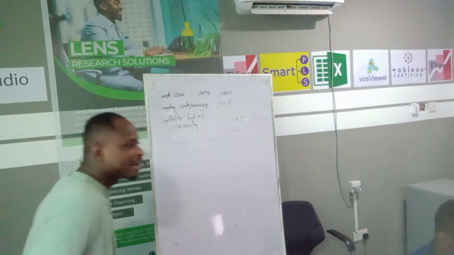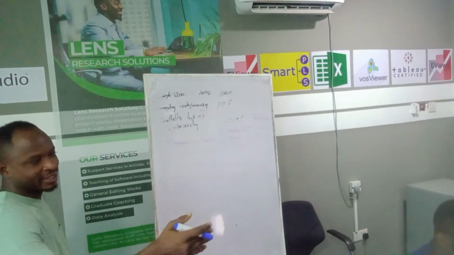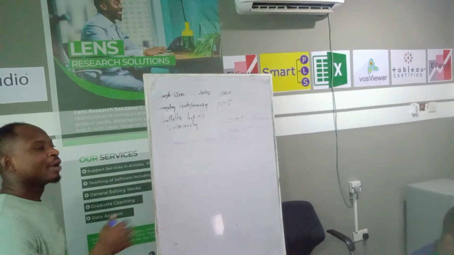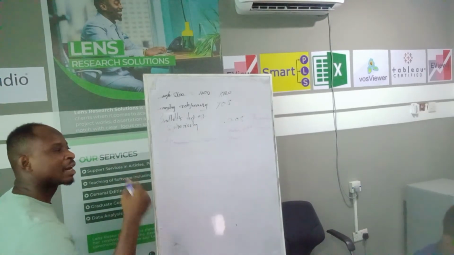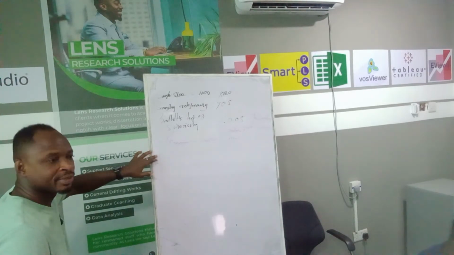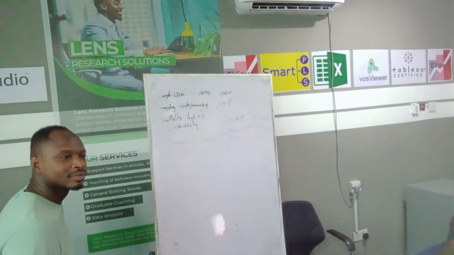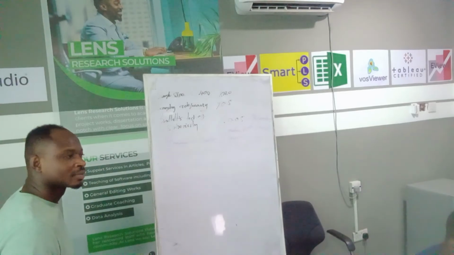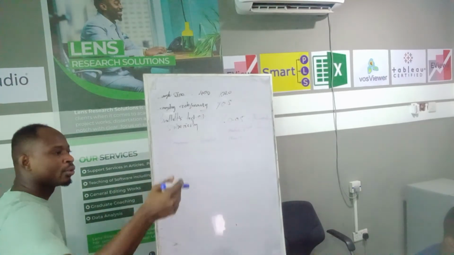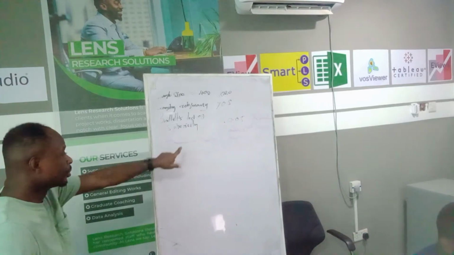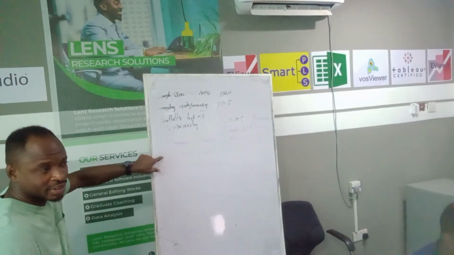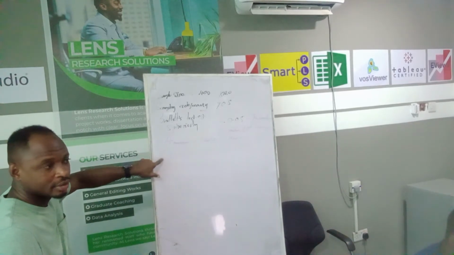So the number of items, when you compute your factor analysis, should be a minimum of 4. Imagine that you have adapted or developed a scale and you have only 4 items, or you have 3 forming that construct. Is it right? Because when you run it, you may have to delete some of the items. It will reduce the number and it can affect this kind of assumption.